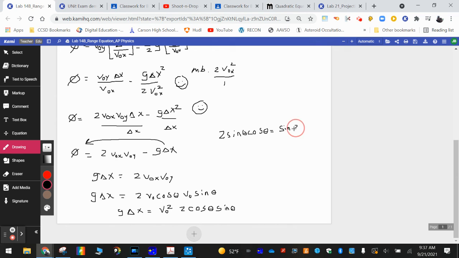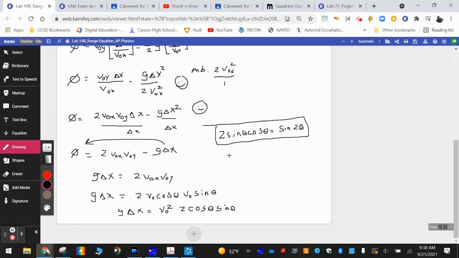This is where Mr. Dante made an astute observation that half of 90 is 45. Actually, this is why you have maximum range at 45 degrees. Because if this is 45 degrees, Dante, what's 2 times 45? 90. And what's sine of 90? 1. Yeah, maximum range. All right, so I will make use of this substitution here.